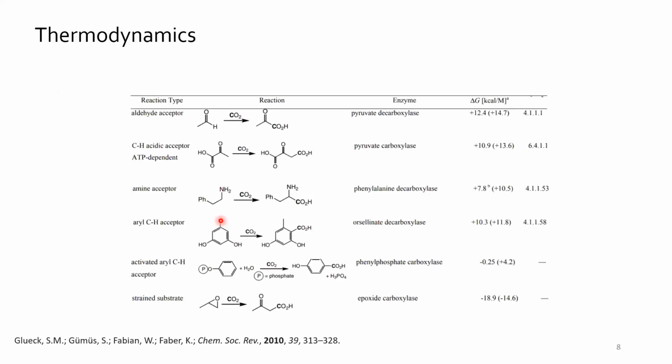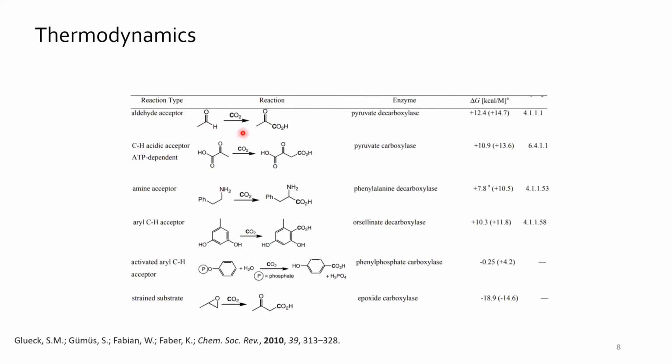This leads me to thermodynamics. In 2010, a review was published by Sylvia and Kurt, and they also published some quantum calculations where they investigated the carboxylation direction of different decarboxylases and carboxylases for different substrates. And as you can see, for most of the substrates, the carboxylation direction is strongly endergonic.